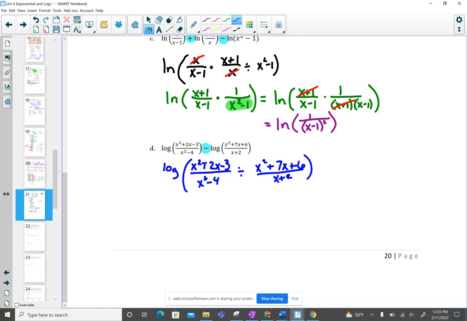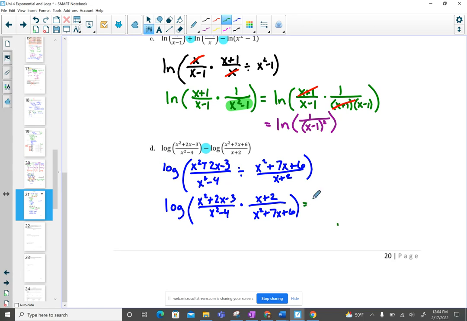Now don't forget when you're dividing fractions, you're going to keep, change, flip. So I'm going to keep this first one, change to multiplication, and flip this last part. From here, since this looks like a hot mess express, we're going to factor as much as we can.